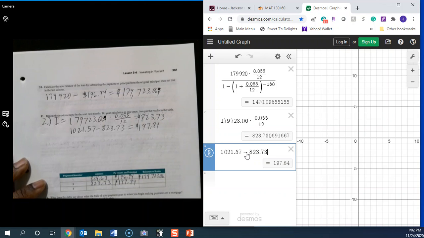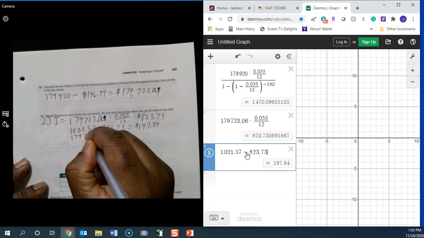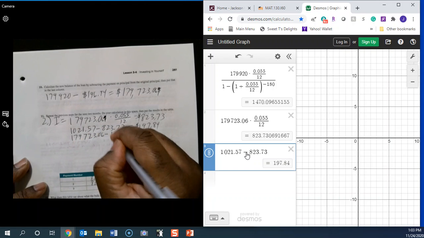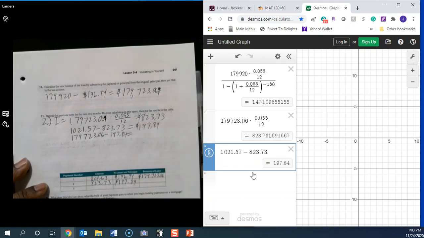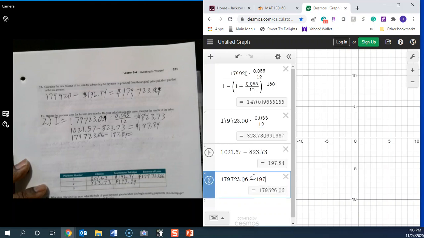Okay, now the next step, we want the balance on the loan now. So we'll take the 179,723.06 minus the 197.84. So 179,723.06 minus 197.84.